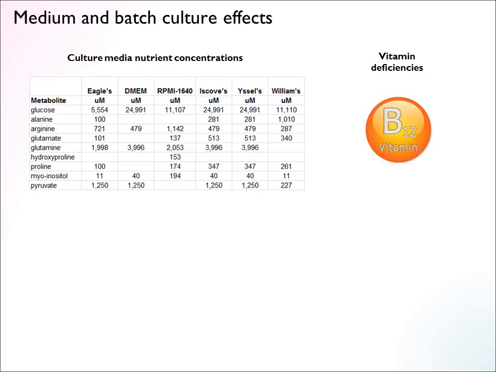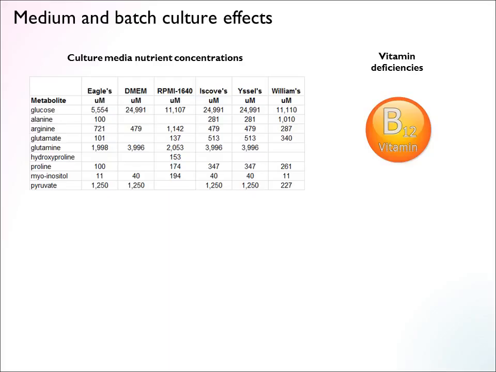So this is a problem, and I think culture media has been in some ways developed for other purposes, for using cells as model systems, for molecular biology or for studying a particular pathway in a cell. And then you just want to have as many cells as possible growing and being healthy, and so it's easy to do culture. But maybe we should change this and go to more physiological medium, even if it means that the cells will grow twice as slowly. So this is something that has to be reevaluated, I think.